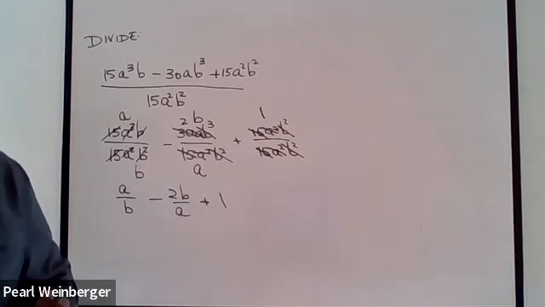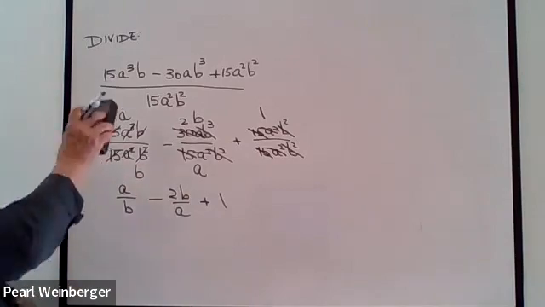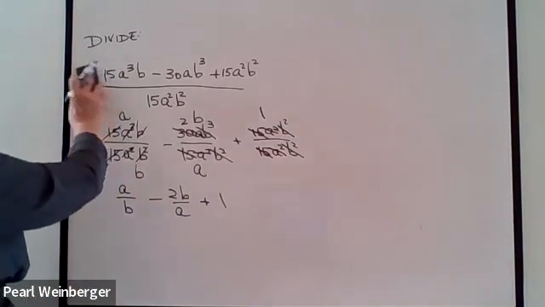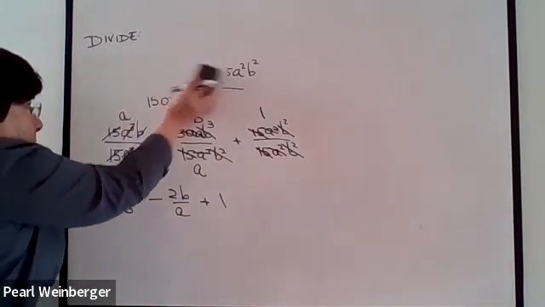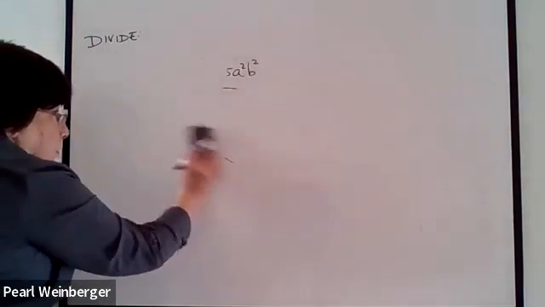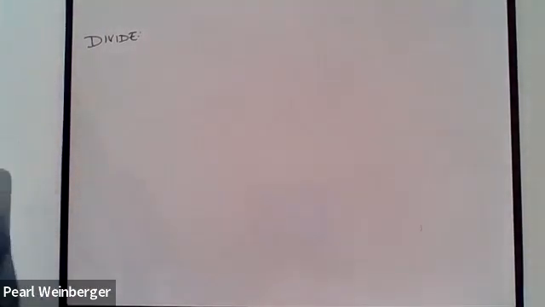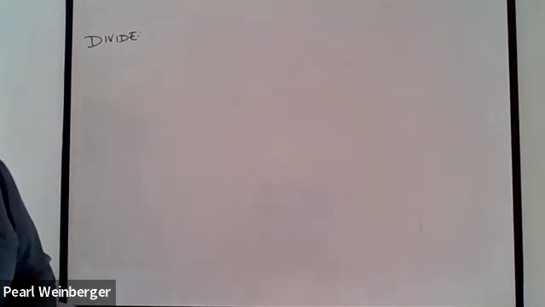And I'm going to go through each of the steps, and I'll do one with you and then 1 or 2 with you, and then I'll give you a chance to do one on your own. So what we're going to use when we're dividing polynomials is something called long division.